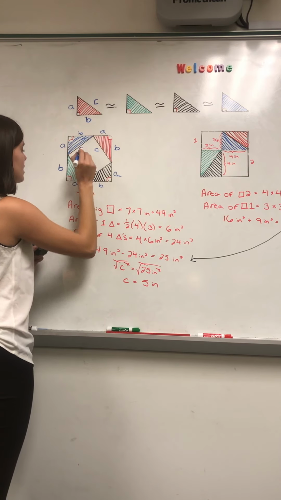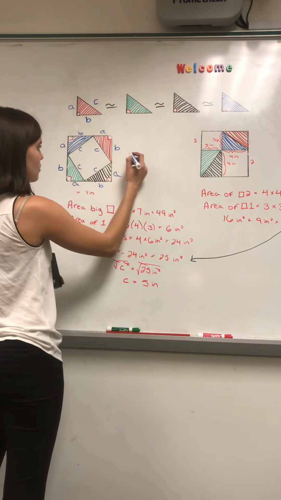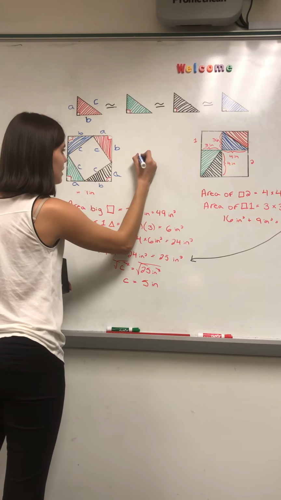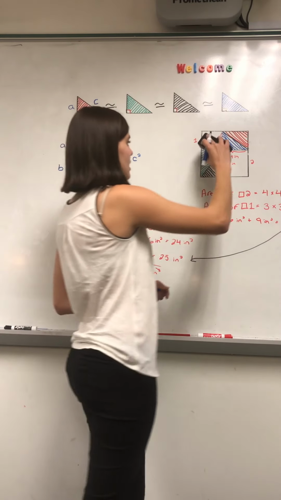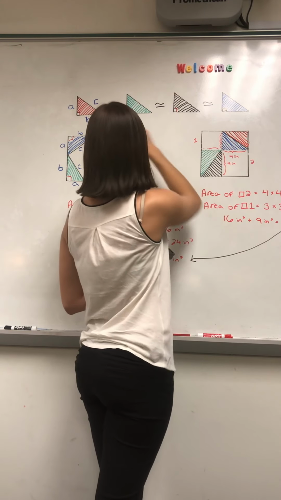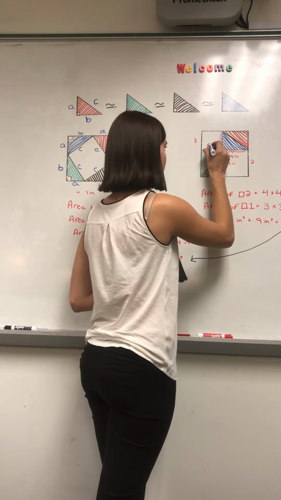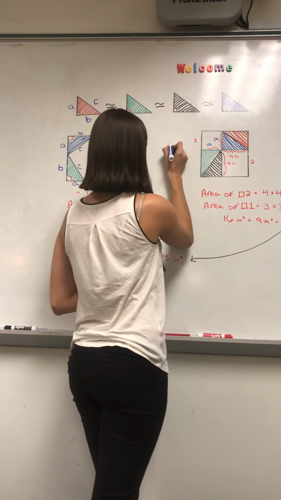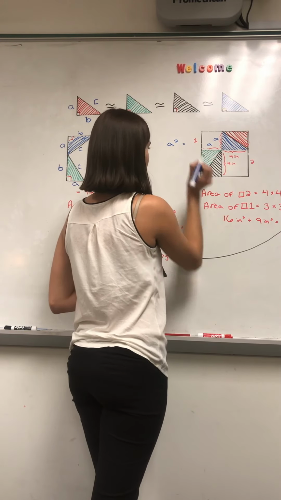And B and C. So we would agree that the area of the blank space here would be C squared. And then these are the short sides. The short side here is labeled A and A, so we would agree that this would be A squared.